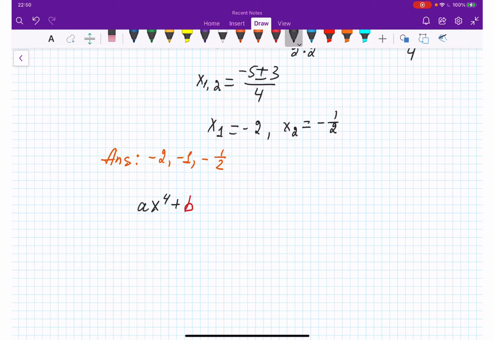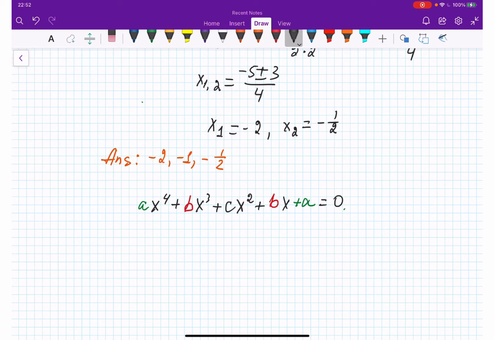Let me put a in green color, so it will be more expressive, and it's equal to 0.